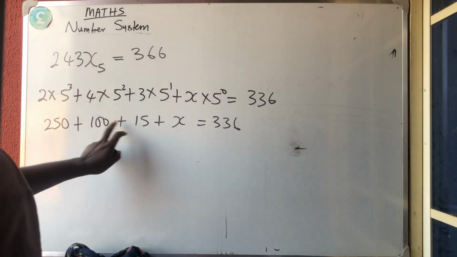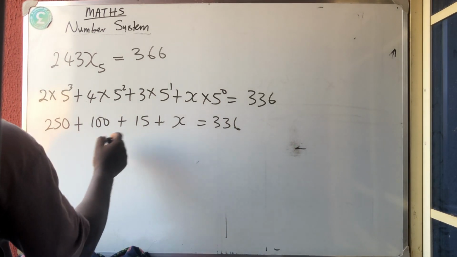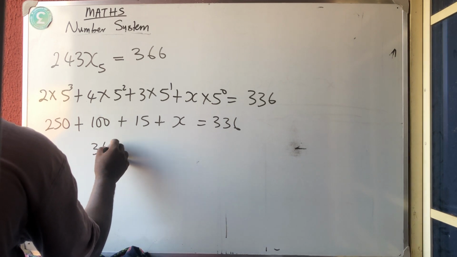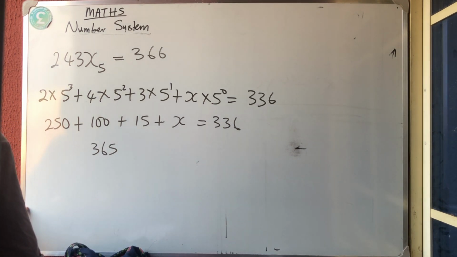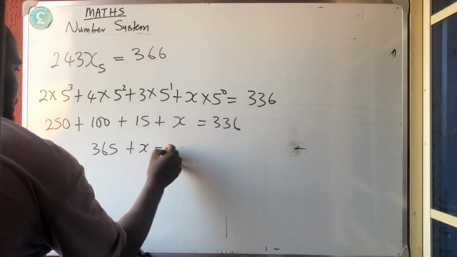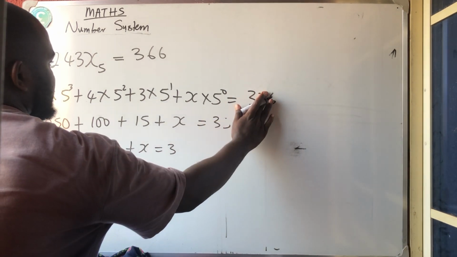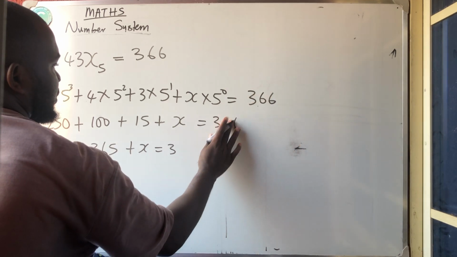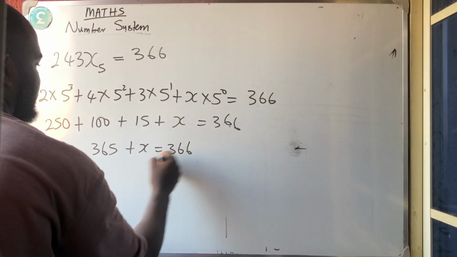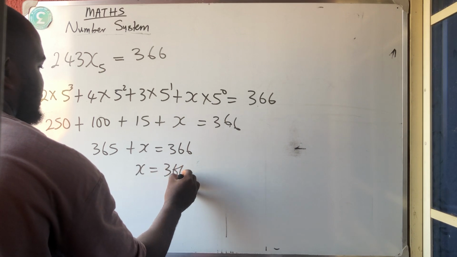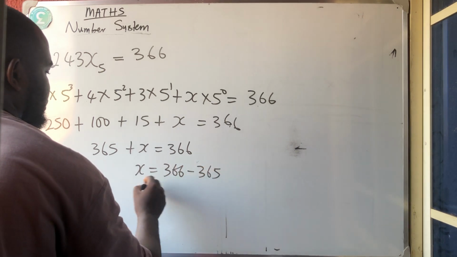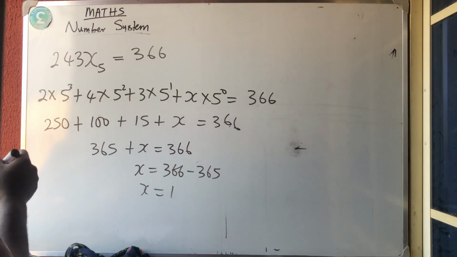This is 350, 365. So 365 plus x is equal to 366. So therefore my x is what? 366 minus 365. So my x is equal to 1. You see, very, very simple.